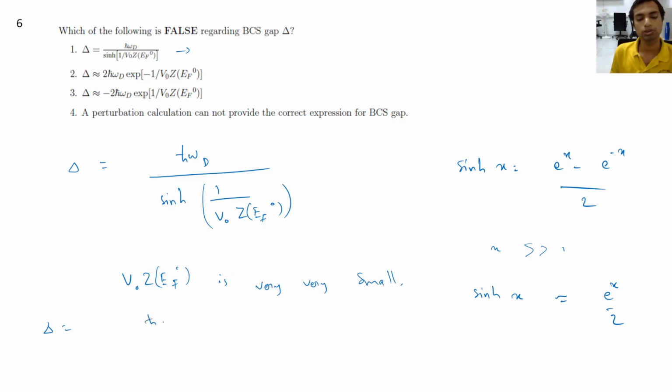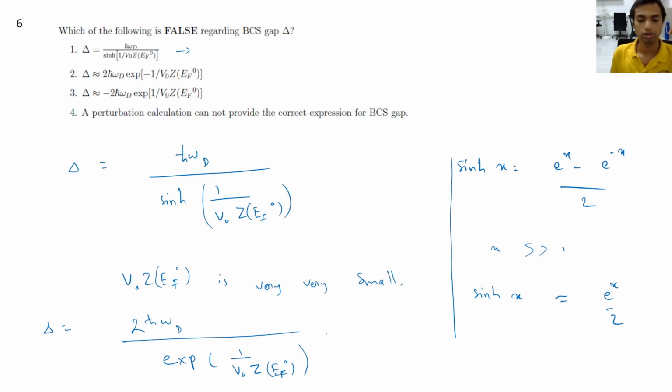So delta becomes, so we have to use this exponential 1 over v naught z e f naught by 2, which is equal to 2h bar omega d e to the power minus 1 by v naught z e f naught. So this is your correct expression. Okay, one of the correct expressions.